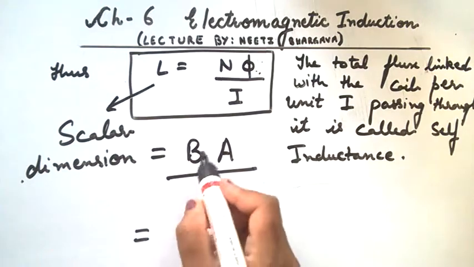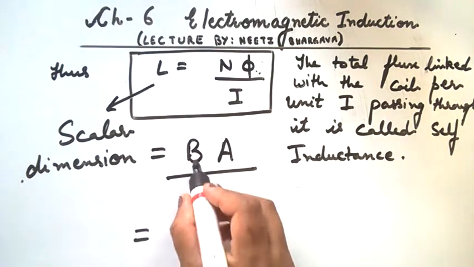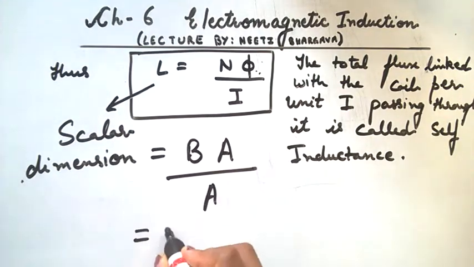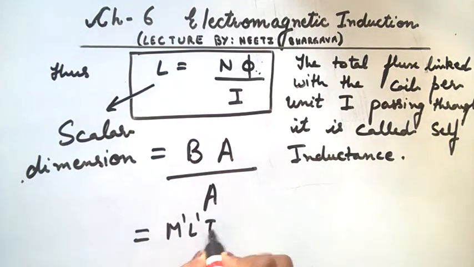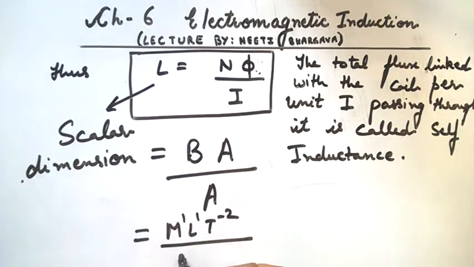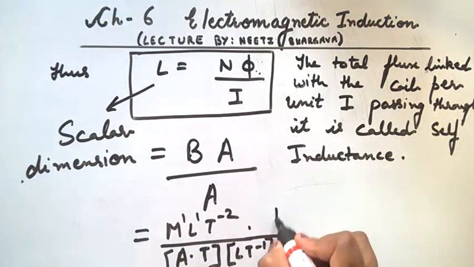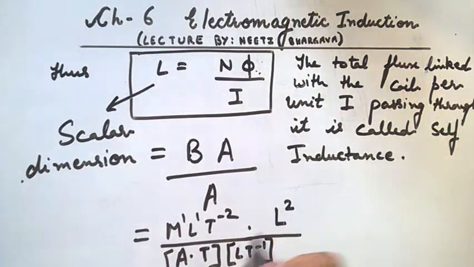So we can find B is equal to F upon QV, and F is M1 L1 T minus 2, and Q is charge. Charge can be written as ampere into time, and V is velocity, that is LT minus 1. Here the area dimension is L2.